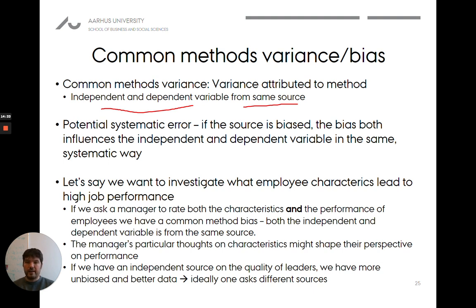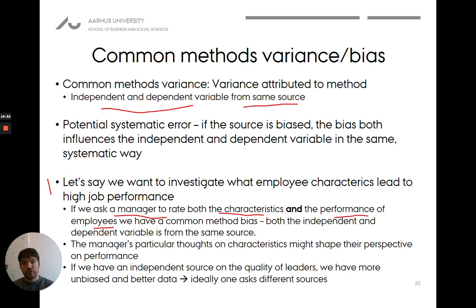Let's provide an example. Let's say you want to investigate what employee characteristics lead to high job performance. We could have a setup where we send a survey to managers that are to rate both the characteristics of the employees and the performance of the employees.